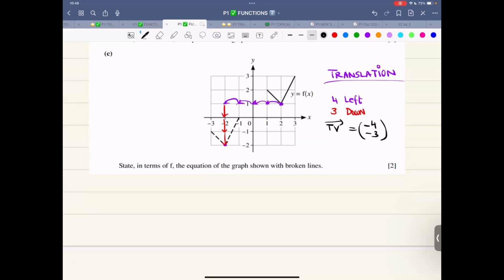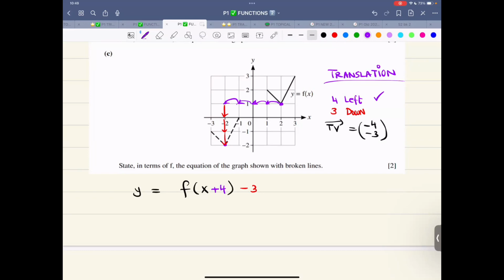And they're not asking for the translation vector. They are asking for the equation. So therefore, y equals f(something). This 3 down over here, it's -3. x should be over here. If it's going to the left, that means there should be a +4 over here.